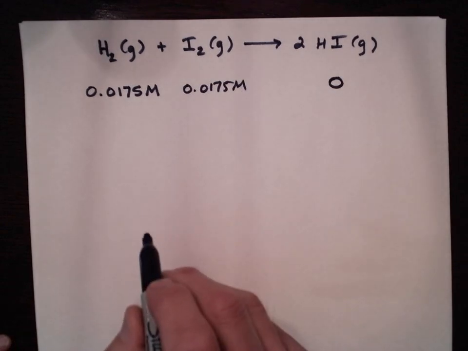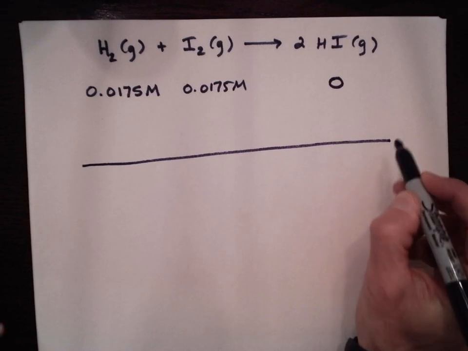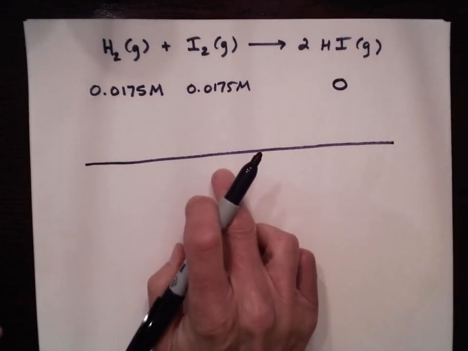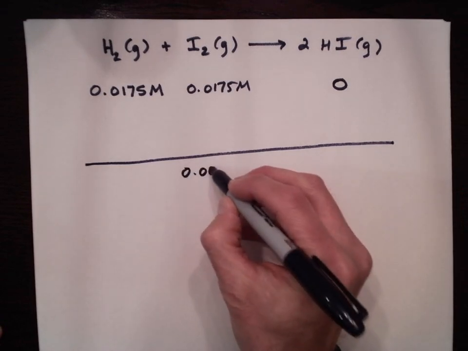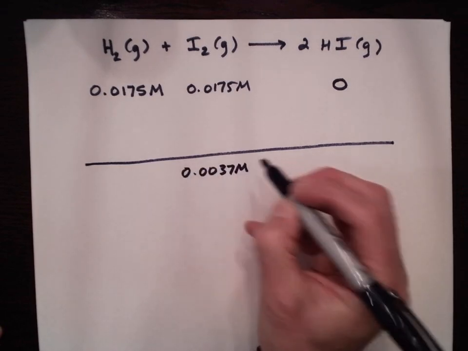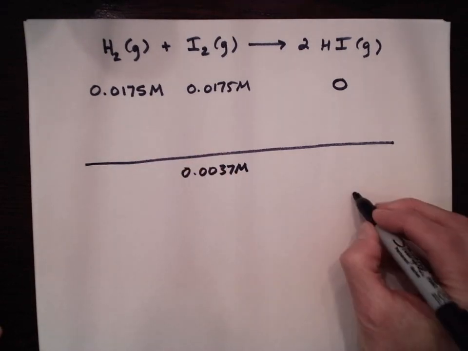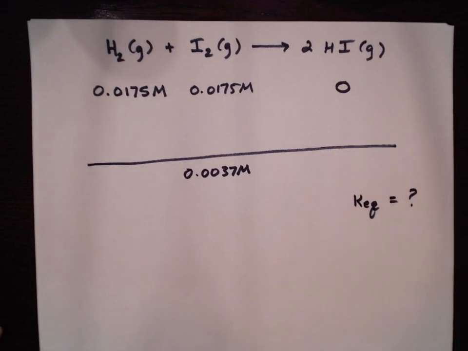And then we know that at equilibrium, so when the system comes to rest, we're able to measure the amount of iodine that's left over, and that's going to be 0.0037 molar. With this information, we should be able to find the numerical value of the equilibrium constant.